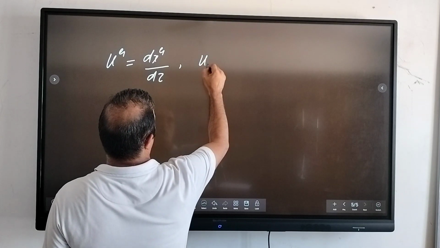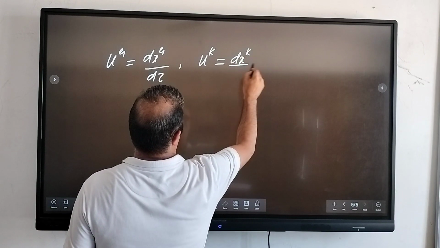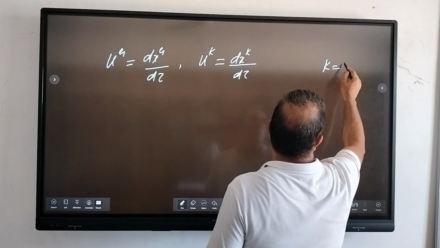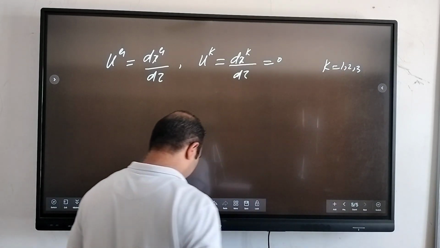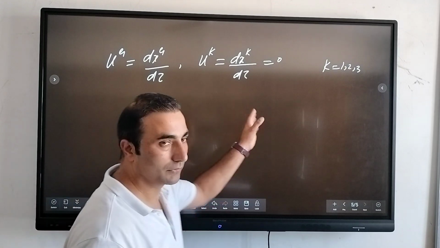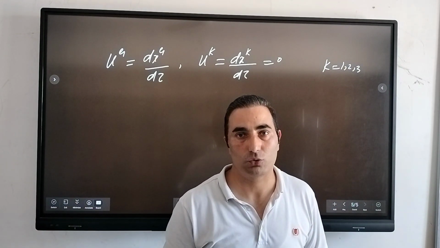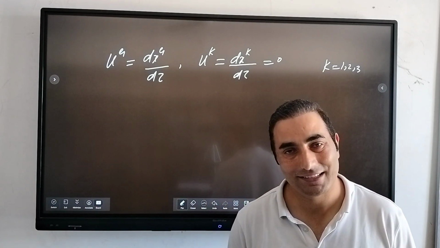Then what is our u^k? That is our dx^k. So this is for when you talk about the non-relativistic speed. Let me repeat it once again. I am talking about when the velocity is less than 1.